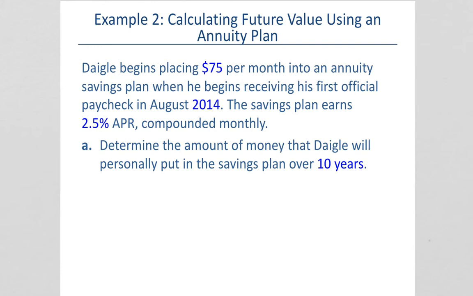Okay. So far, we're not figuring out the future value. We're just saying how much will he put in, not including the interest, okay? That would be the payment amount of $75 times the payments per year.